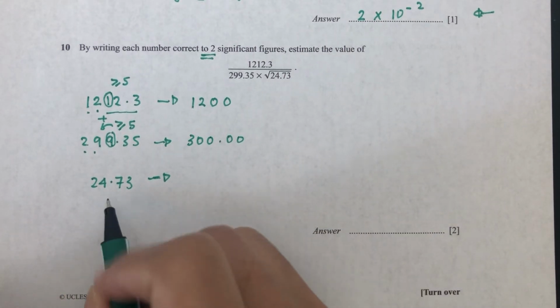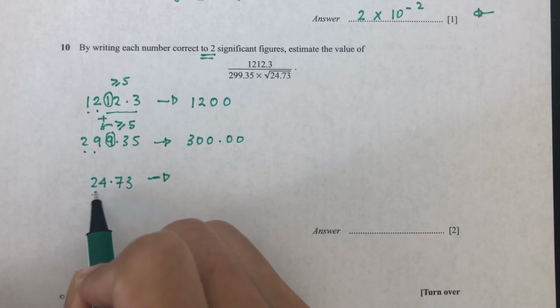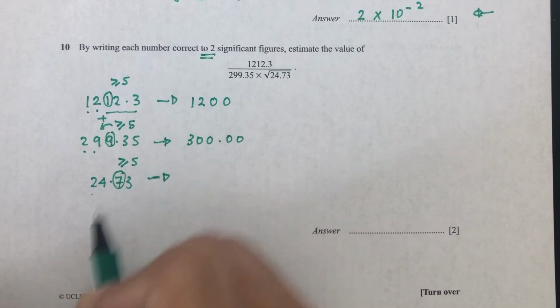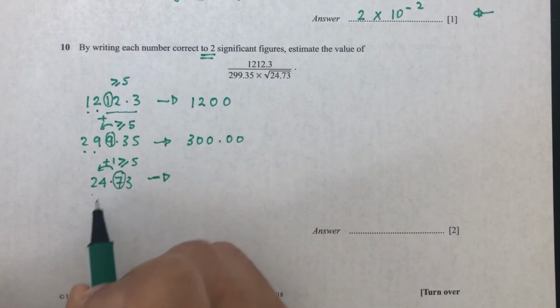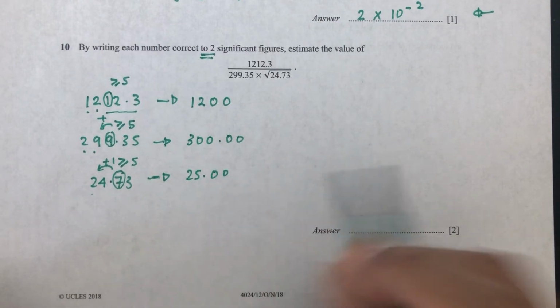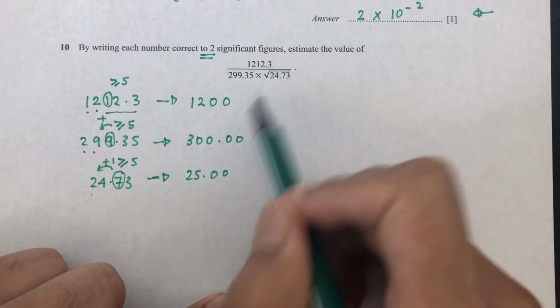And the same thing here as well. We have 24.73. So first two numbers, leave them alone and ask the third number, is it bigger or equal to 5? The answer is yes, so we have to add 1 to the first two numbers. So 24 plus 1 will be 25, and everything else will be 0. So now we replace those three values in the fraction that we have above.